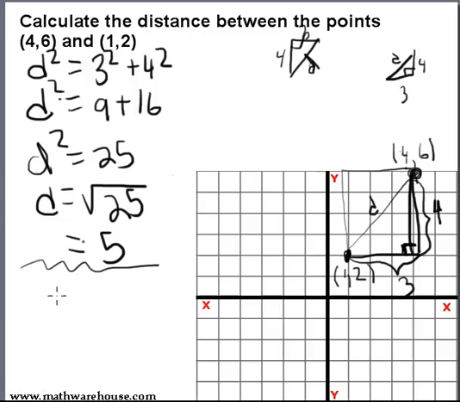So let's write it that way. 6 minus 2, right? We're just taking this 6, we're saying 6 minus 2. And 3 is really the 4 minus the 1.